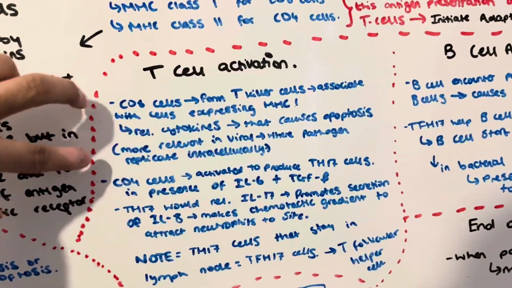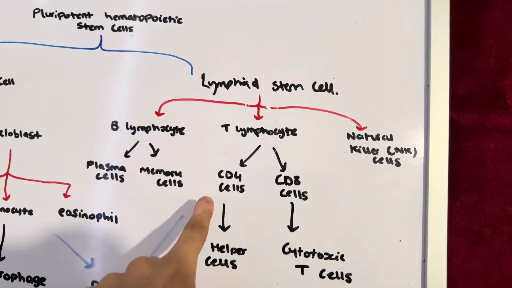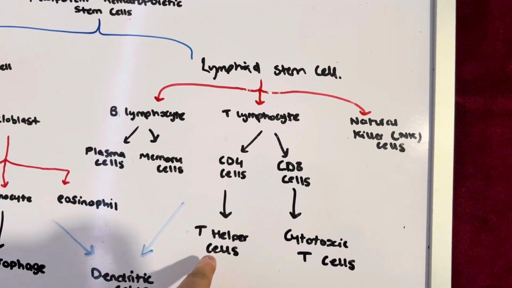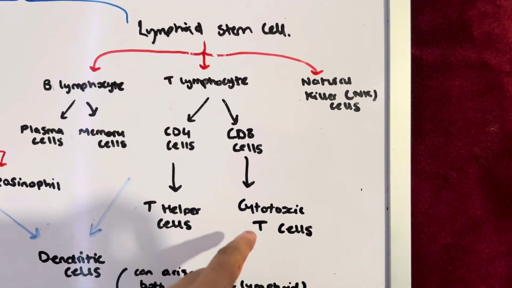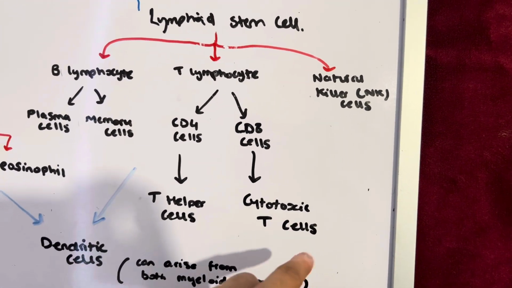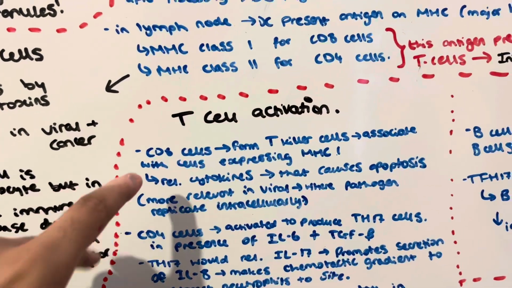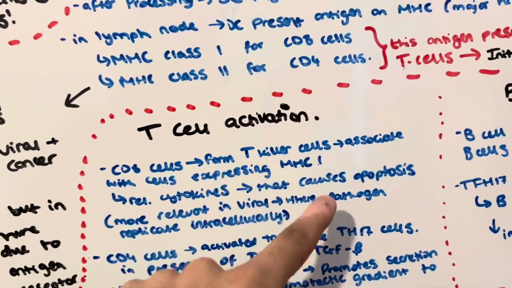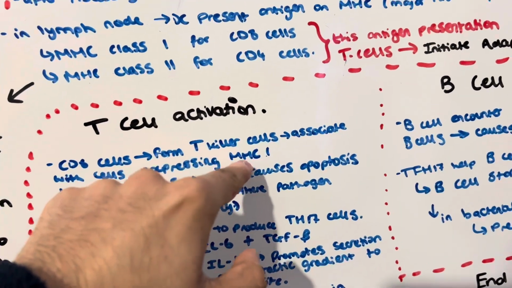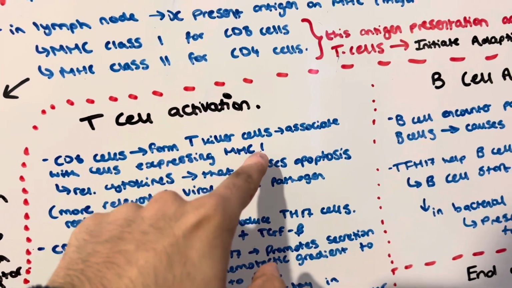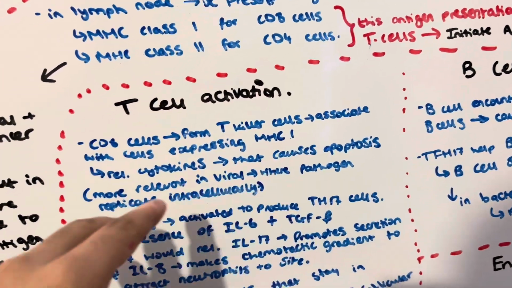So T cell activation. In terms of our T cells, of course, we've got our CD4 cells, which then develop into our T helper cells. And we've got our CD8 cells, which then develop into our T killer cells or cytotoxic T cells. Now, our CD8 cells form our T killer cells, like I said, and these are associated with cells expressing the major histocompatibility complex of class 1.